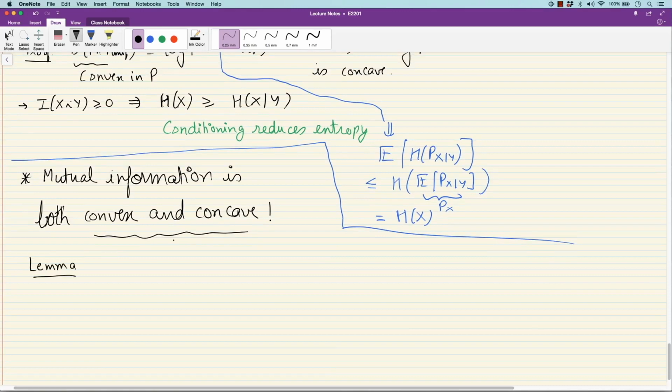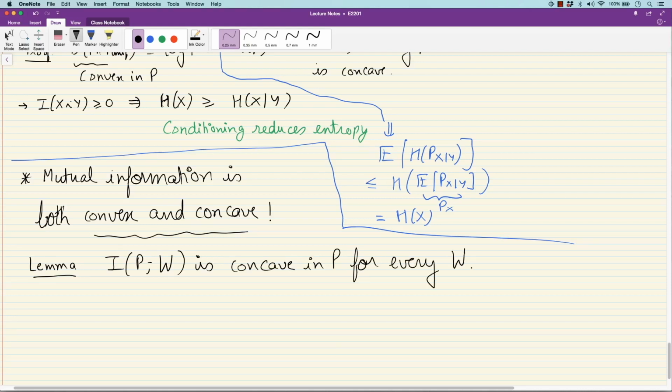The first lemma is that mutual information I(P, W) is concave in P for every W. So if you fix the channel and change P, this mutual information function will be concave in P. How do we show that?